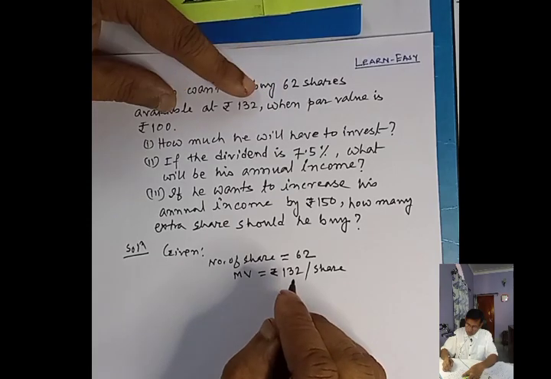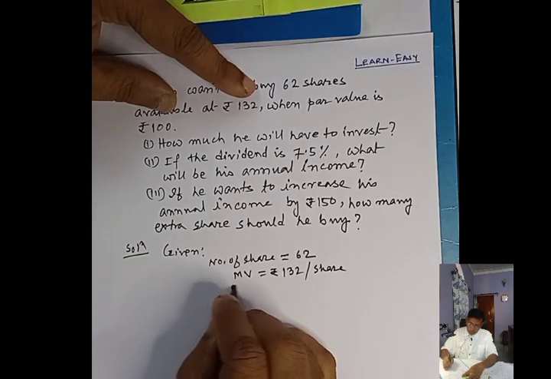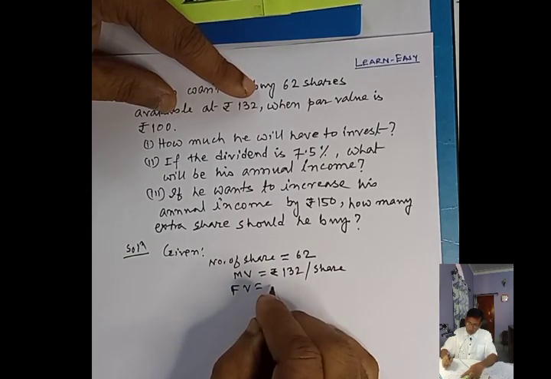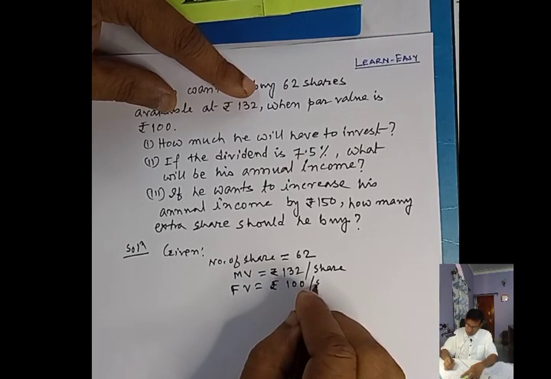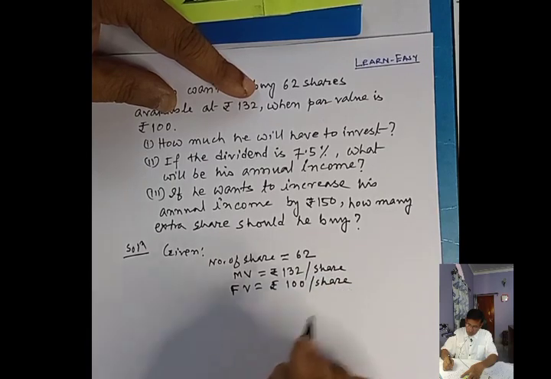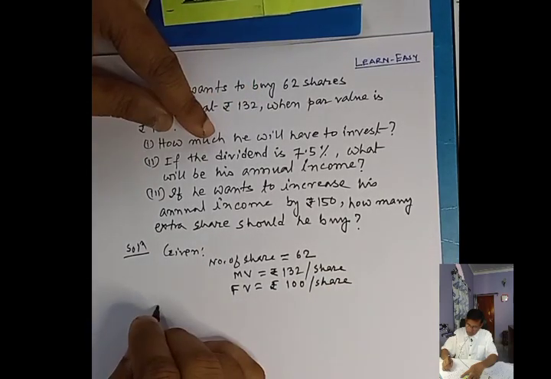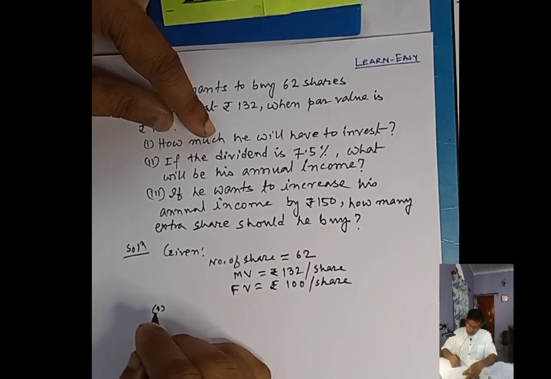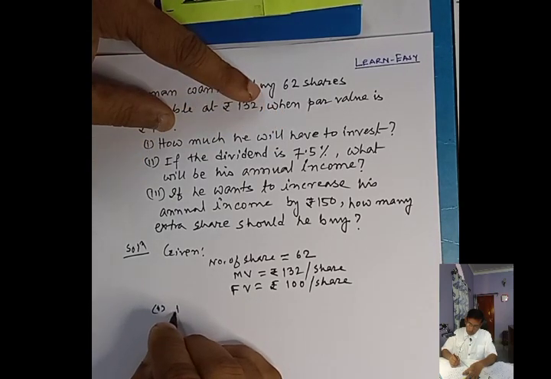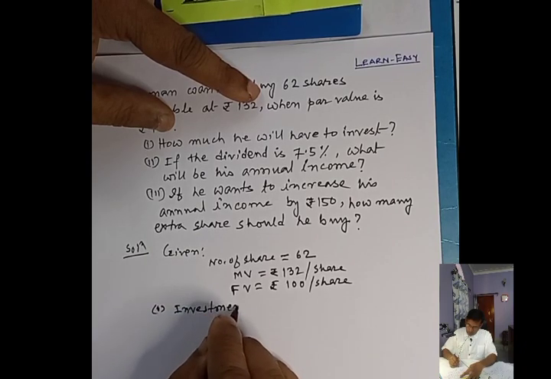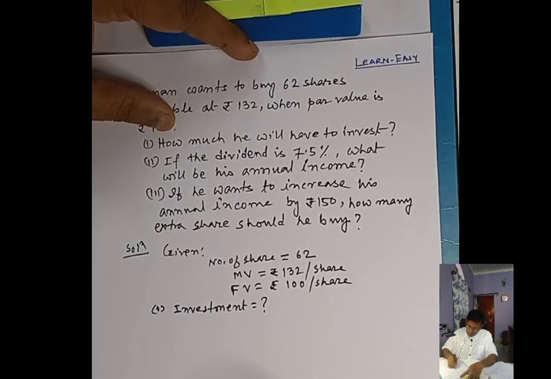The par value, meaning FV, face value, is rupees 100 per share. Now for question 1, how much will he have to invest? That investment we have to find out.